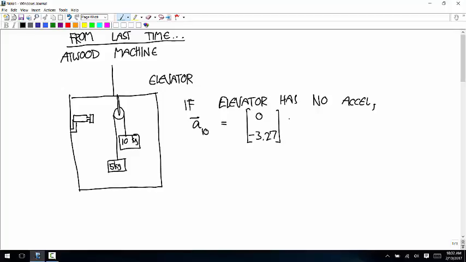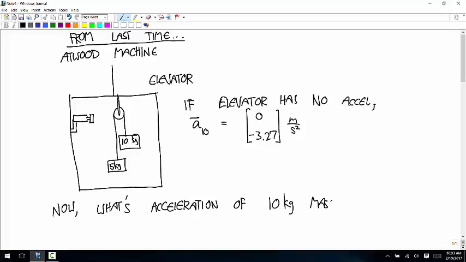Is that right? So now we want to know what's the acceleration of the 10 kilogram mass.